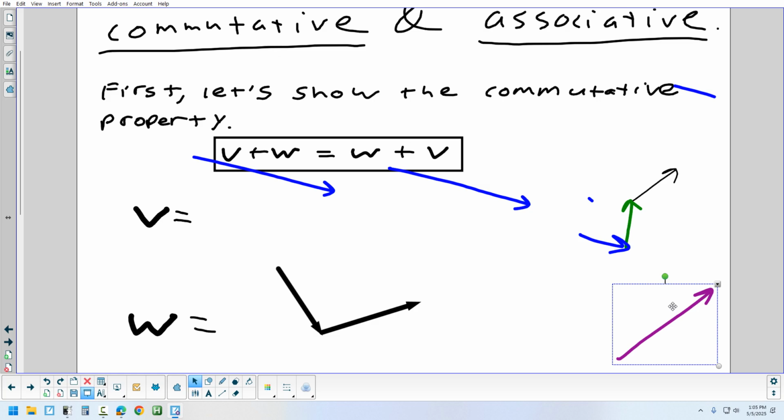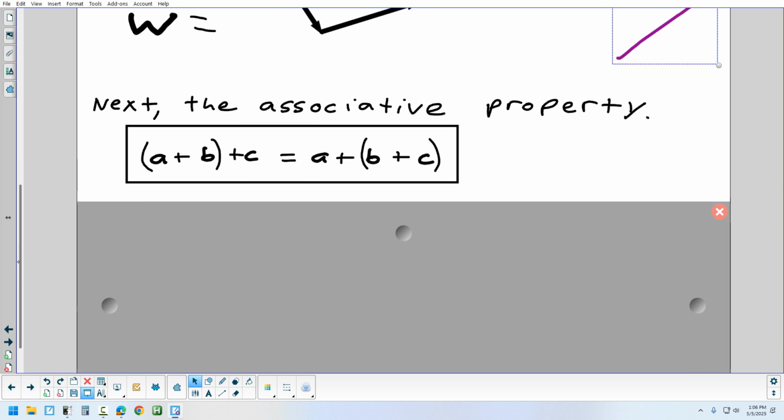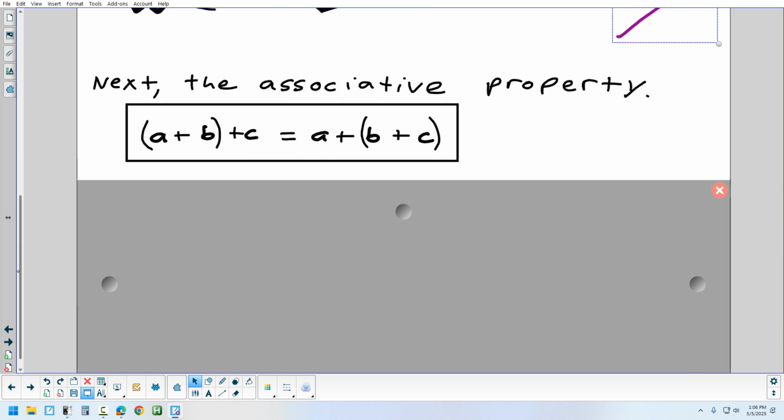Okay, and the other property that works with vectors is associative. I'm not going to go through this one, but with associative, the order is the same, ABC, ABC. What's different is the order of operations. Think of it as like with numbers.